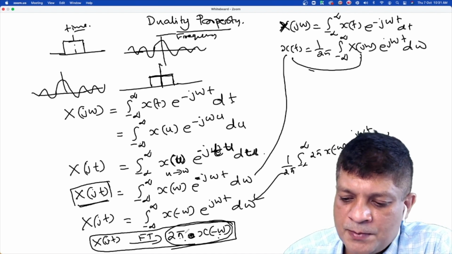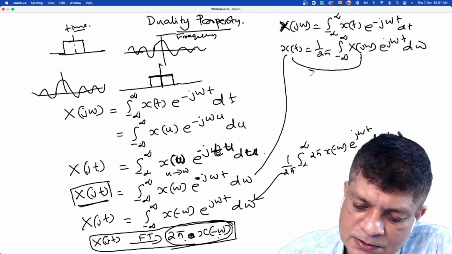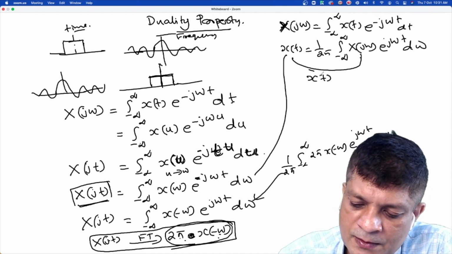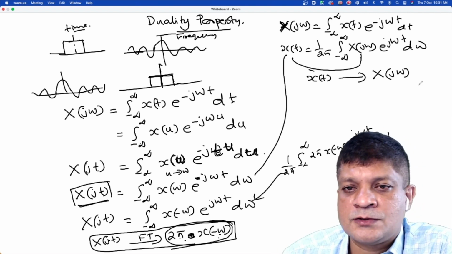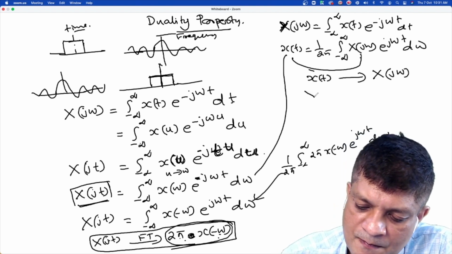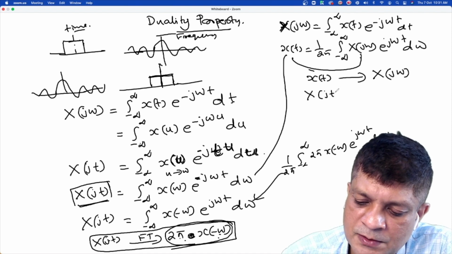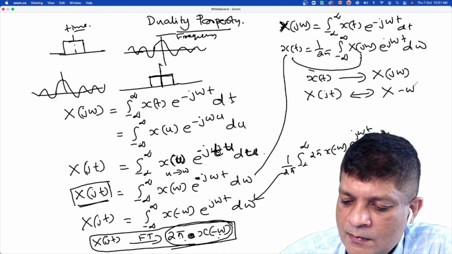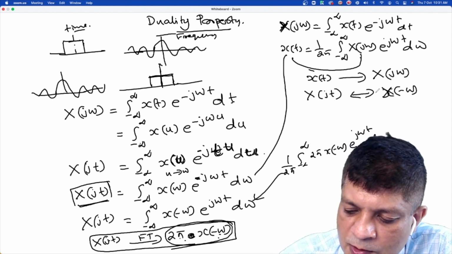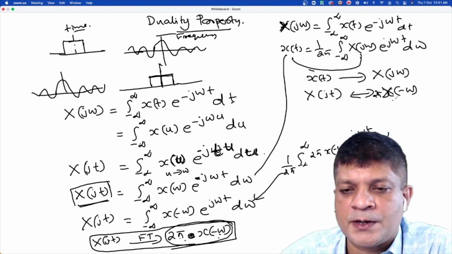That is the duality property. The duality property says that if we consider a signal x of t, and let's say its Fourier transform is X of j omega, this is the duality property. Sorry, this is small x, and there is a scaling factor of 2 pi.